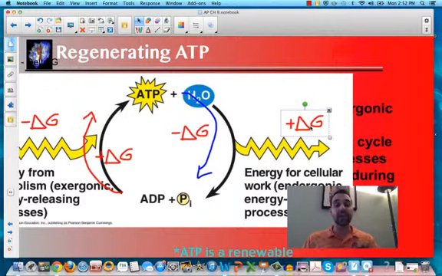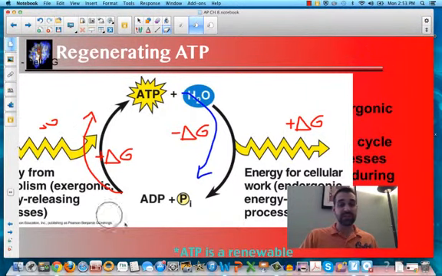ATP can couple exergonic and endergonic reactions because ATP itself undergoes endergonic synthesis and exergonic catalysis. In order to make ATP, it requires energy. In order to break ATP, it's a release of energy.